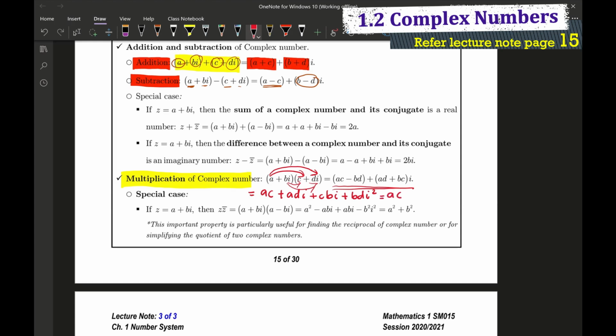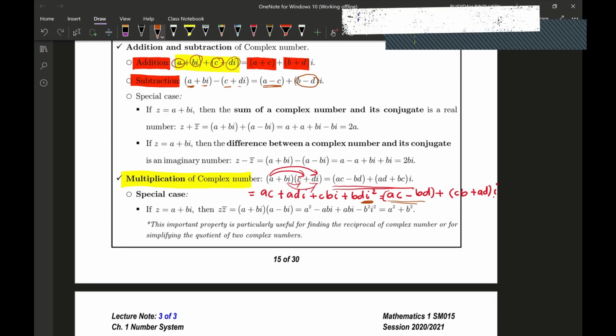So AC minus BD plus (CB plus AD) i. Why does it become like this? Because i squared becomes -1. That's why the i squared term is eliminated and changed to -1, so we get AC minus BD.